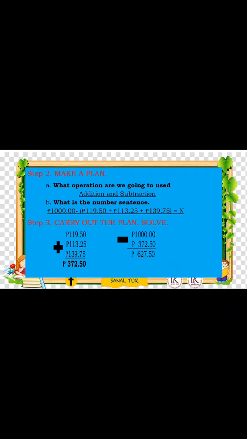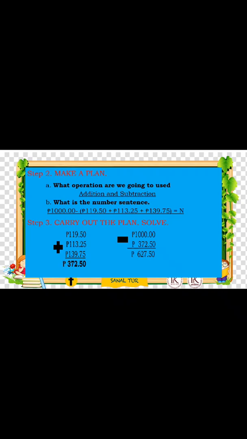Now, what are we going to do? We are going to subtract now the total amount from the money that she gave to the cashier. So how much is the money of mother? We have 1,000 pesos less the total amount that she bought, that is 372 and 50 centavos.